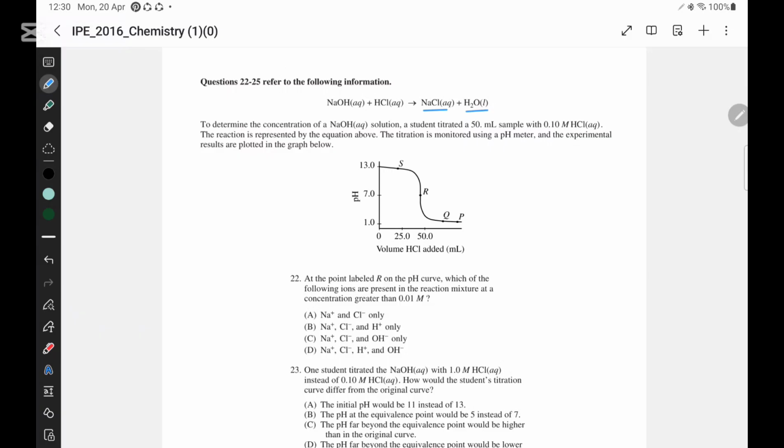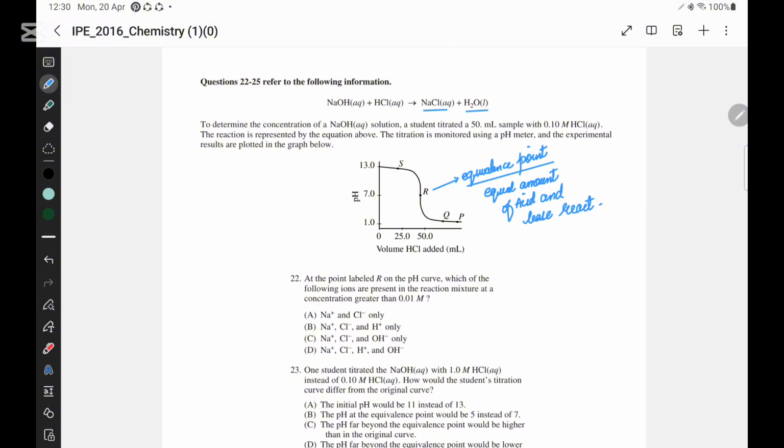The titration is monitored using a pH meter and the experimental results are plotted in a graph below. At the point R on the pH curve, which is basically known as the equivalence point, equal amounts of acid and base react.